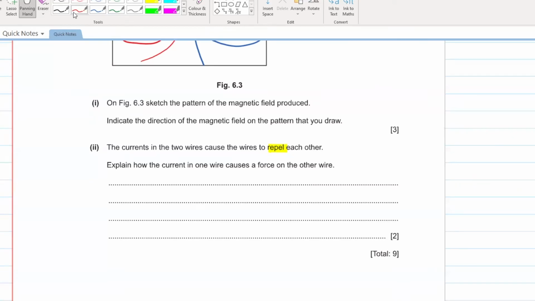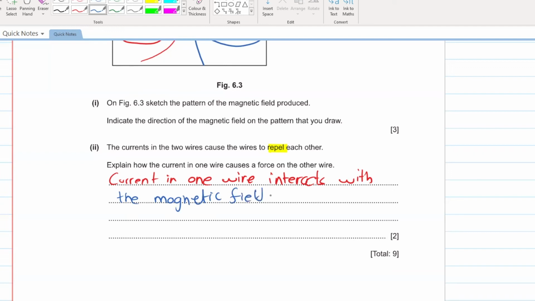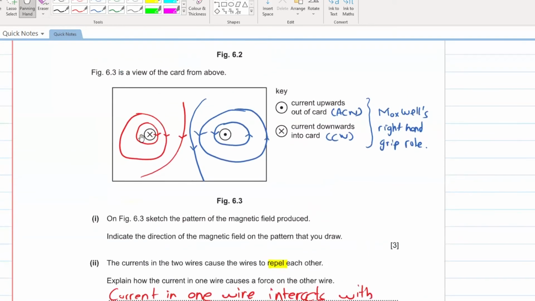Current in one wire interacts with the magnetic field of the other wire. सर व्हाट डू यू मीन बाय दैट? बेटा ये जो रेड वाली वायर का करंट है, this interacts with the blue वाली मैग्नेटिक फील्ड. This generates a force.